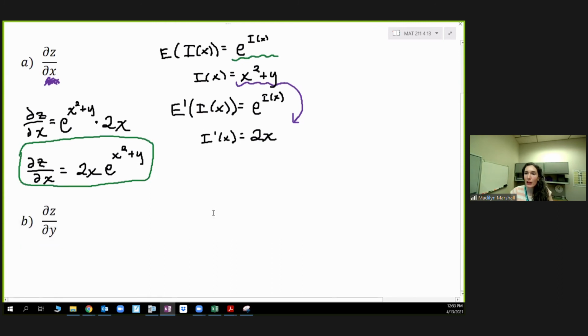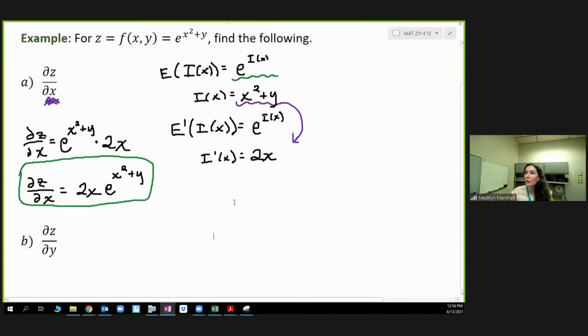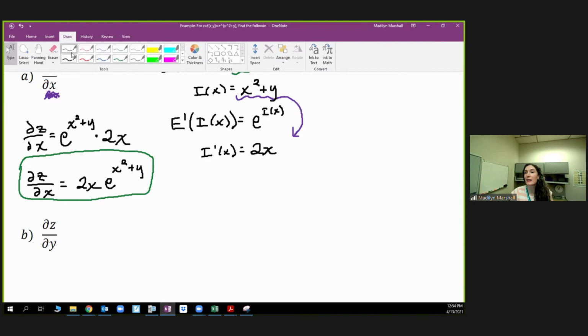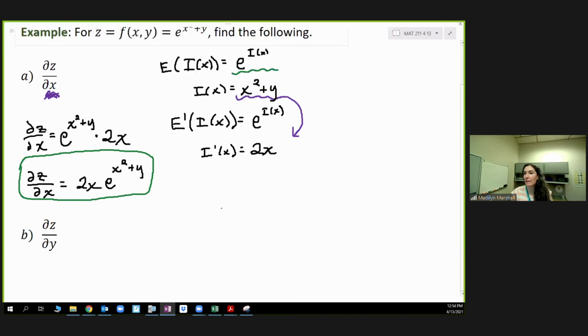So if we're doing the other partial derivative, dz dy, most of what we just did still applies. So our exterior, I'm going to write this as e of y now because that's the variable we're focusing on. Our exterior is the e with its exponent.